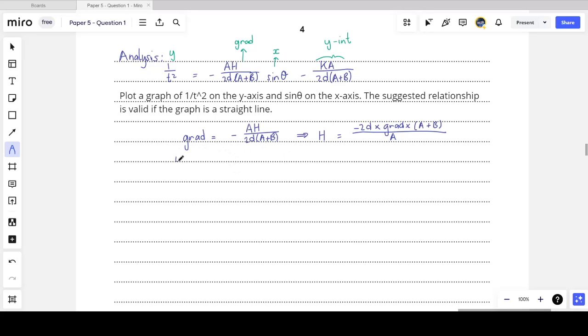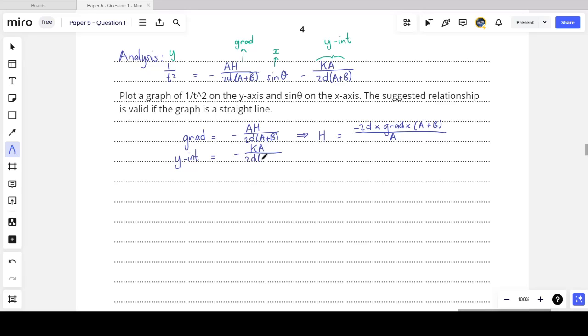So H is fine, but what about K? Well, I can use the y-intercept. Usually the gradient gives us one constant, the y-intercept gives us the other. It's not always the case, but it's a usual thing with these kinds of questions. Now the y-intercept is minus K A over 2D times (A plus B), if we look above.